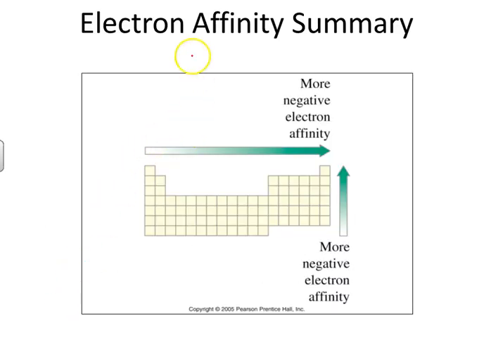Okay. So as a general summary, and there's a lot of variation in this, so it's not quite as clear as this diagram makes it look, but in general, as we move from left to right across the table, we get more negative. As we move from bottom to top, we get more negative. But there are a lot of changes in this, somewhere like, for instance, family number 2. Family number 2, very positive.